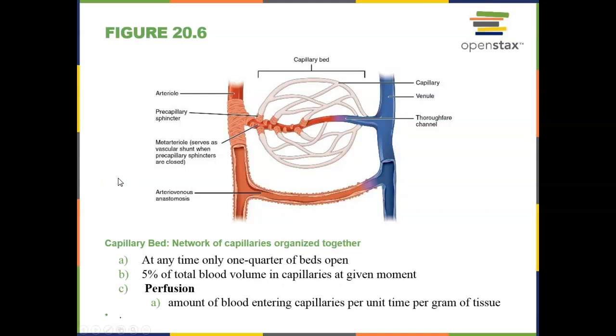Only about 5% of our blood is going to be in any given capillary bed, which means that each time our blood passes through our tissues, there's only about 1/4 of our tissues that are getting fed. The other tissues are waiting until the next pass.